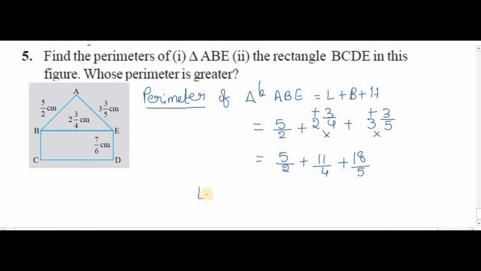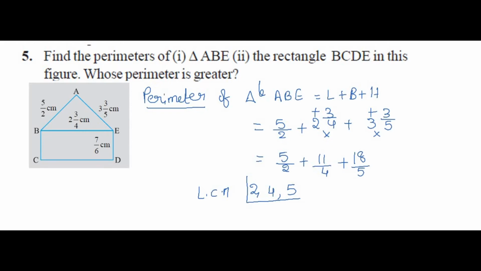LCM of 2, 4 and 5. Now 2, 4, 5 will go in the 2 table, because we consider only prime numbers for taking LCM.